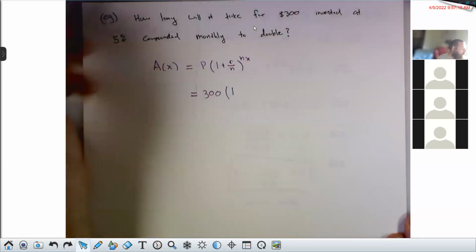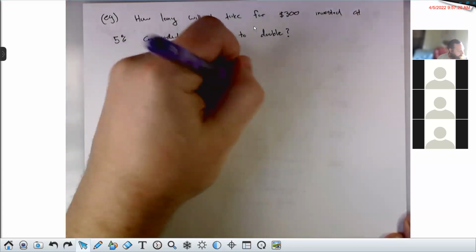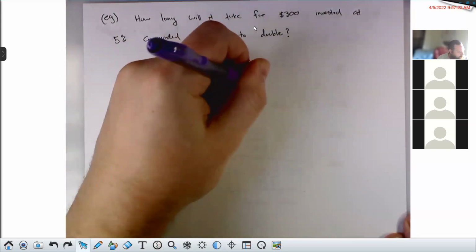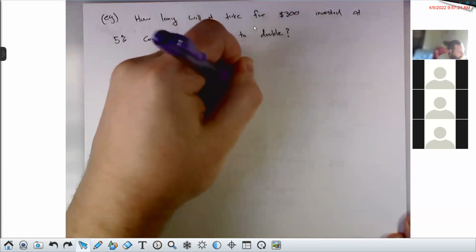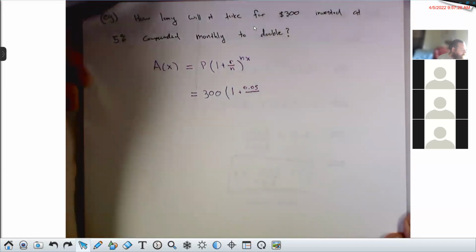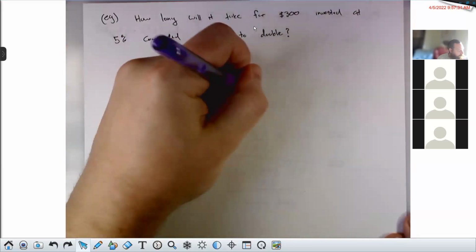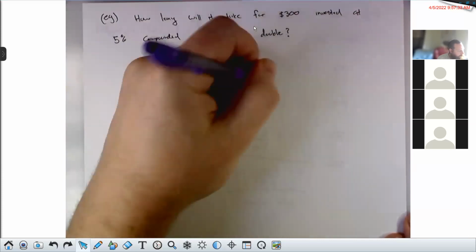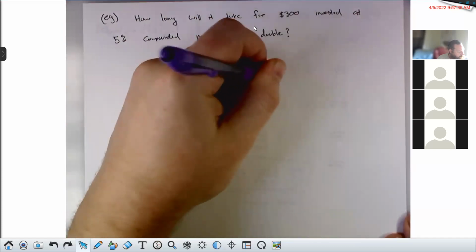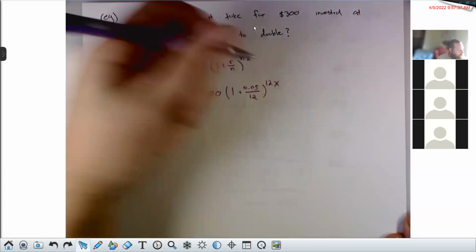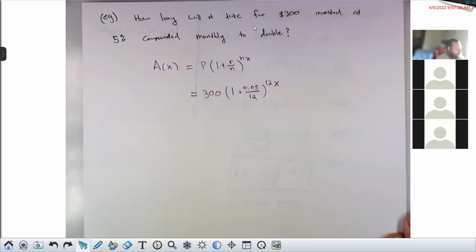1 is 1. R is your interest rate, which here is 5% as a decimal. That's 0.05. And n is the number of compoundings per unit time. So we're measuring time in years, compounding monthly. There are 12 months in a year. So here's my function. I'll write down the values of these constants on the side.